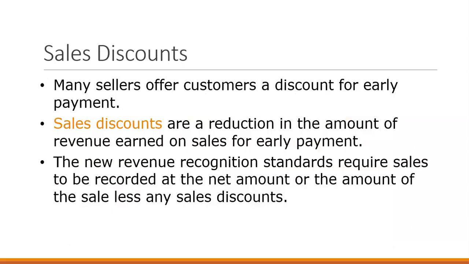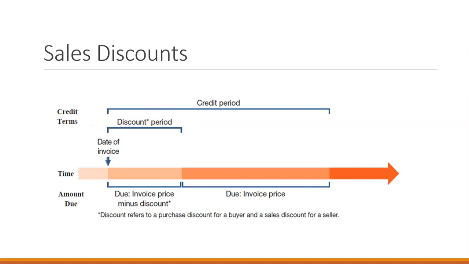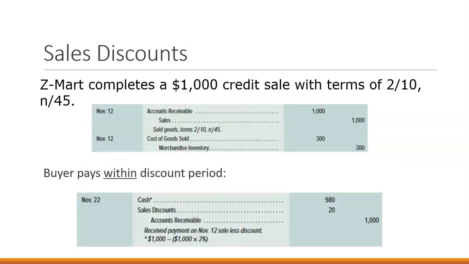We can also offer discounts. So much like the purchases discount when we're buying supplies, we can offer discounts for people who buy on account with accounts receivable for paying us early. It's exactly like the purchases discount, where we have terms such as 2/10, n/30, where we have an invoice period and there's a part of that in which they can pay for a discount.